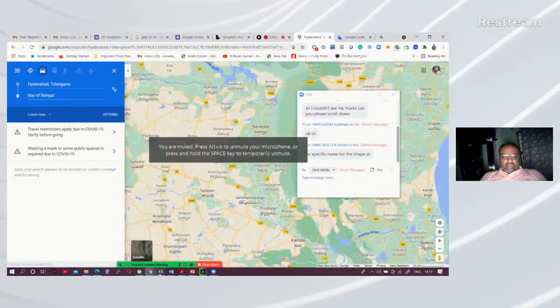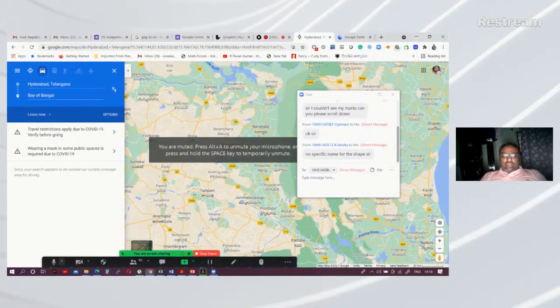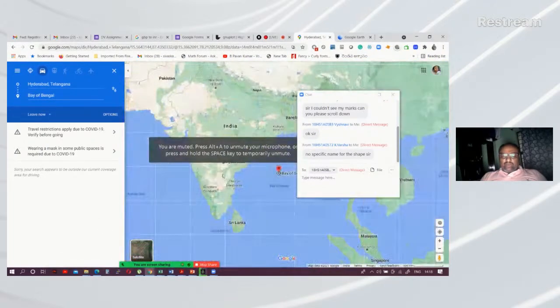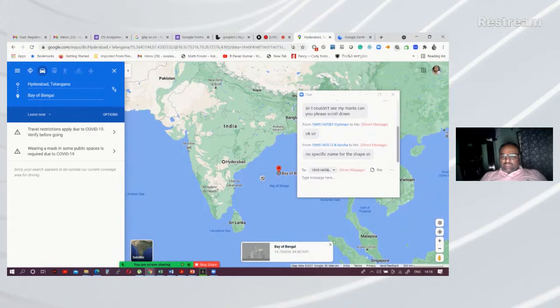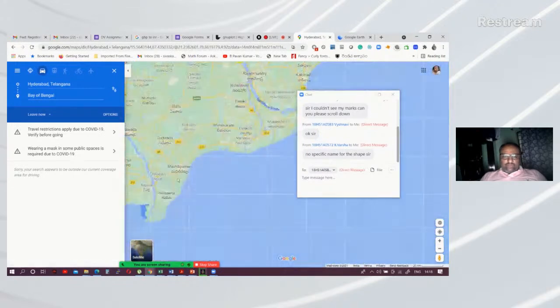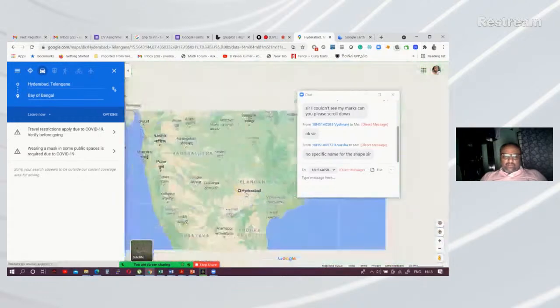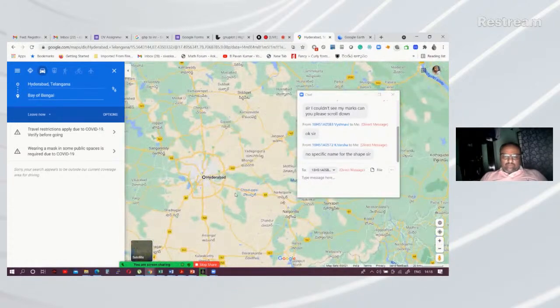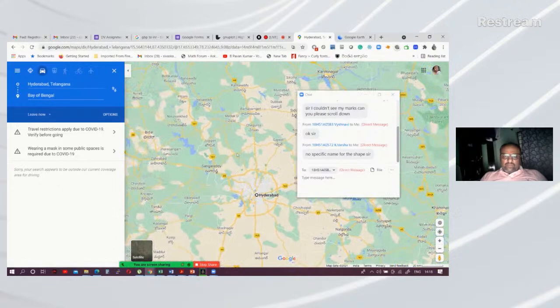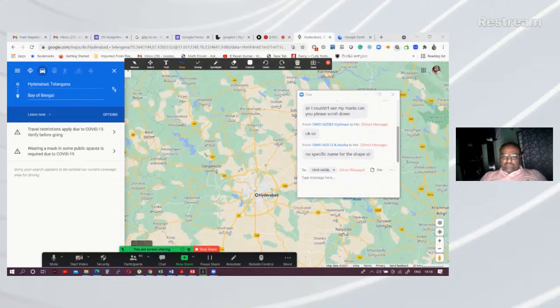Let us see our area. So where is our area? This is Hyderabad. See the shape. The shape is different. Look at these shapes.